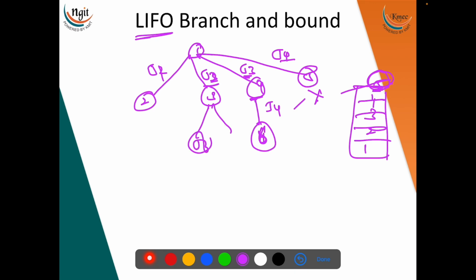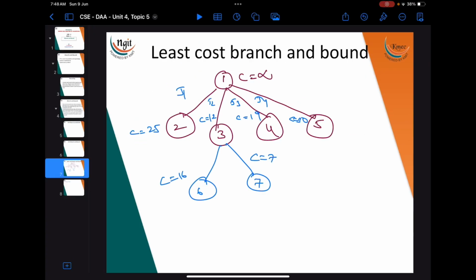Now again it is J3 and J4. It is J1. It is J2, J3, J4. And it is again J2. It is J3 and J4, right? So you have one chance over here. So with this, what you have understood is how you can place the jobs in your state space tree.